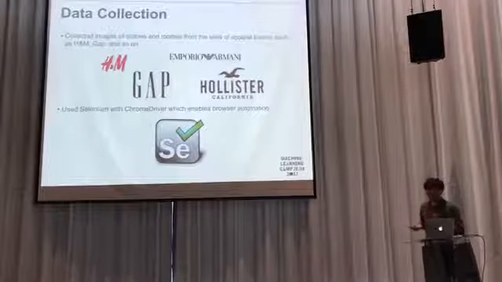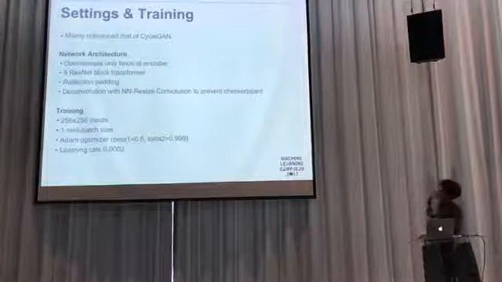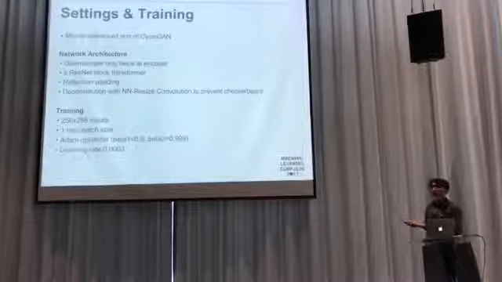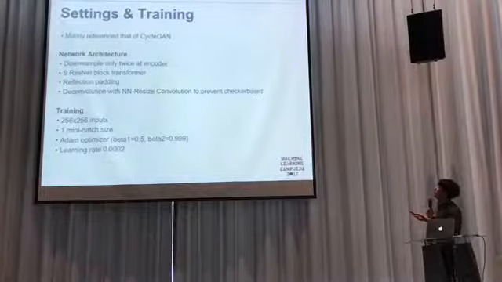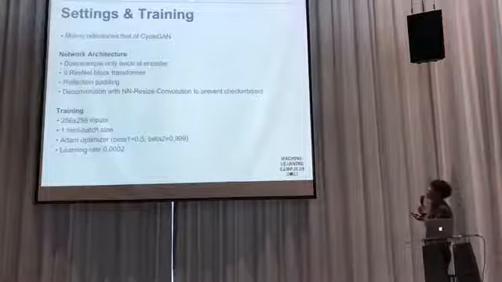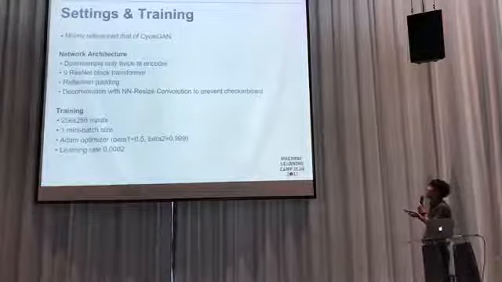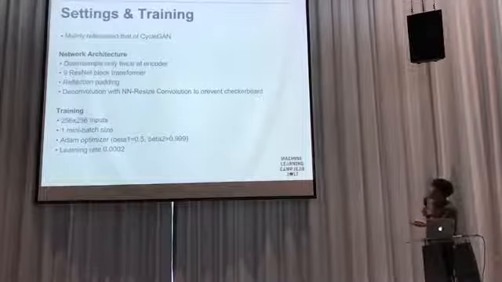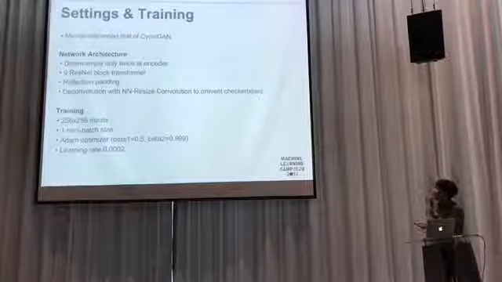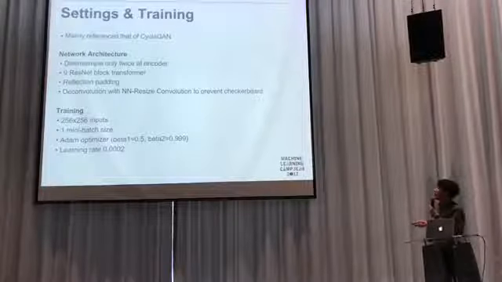If you want to crawl data, it is very helpful. The main setting is similar to CycleGAN: downsample twice, 9 ResNet blocks, and reflection padding. To prevent checkerboard artifacts, I adopted resize convolution with nearest-neighbor resizing. The input size is 200 by 200, with mini batch size 1. It's also the same as CycleGAN in other respects.